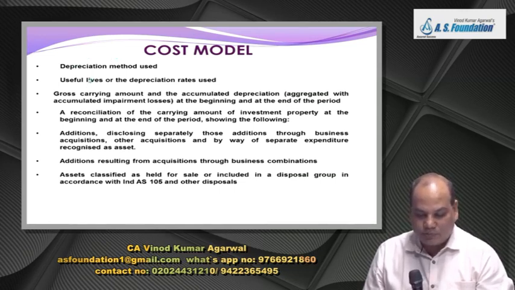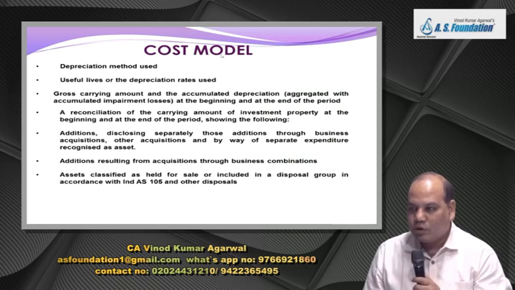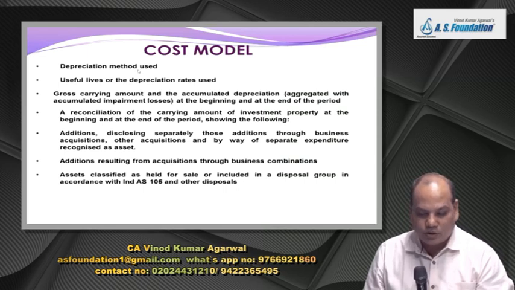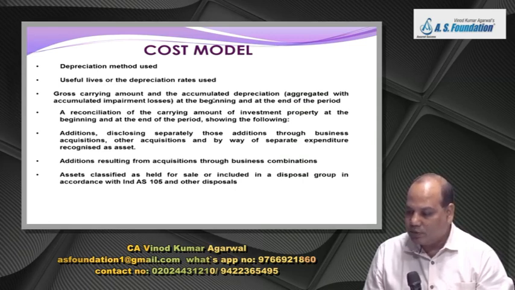And now the last part of this wonderful chapter, disclosure requirements relating to cost model. In case you have followed cost model, following additional disclosures: depreciation method used. Most of these disclosures are similar to IAS 16. Useful life, in case you have depreciated on the basis of useful life, or in case you have depreciated using rate used, gross carrying amount, accumulated depreciation, accumulated impairment loss at the beginning and at the end, a reconciliation of carrying amount at the beginning and at the end.